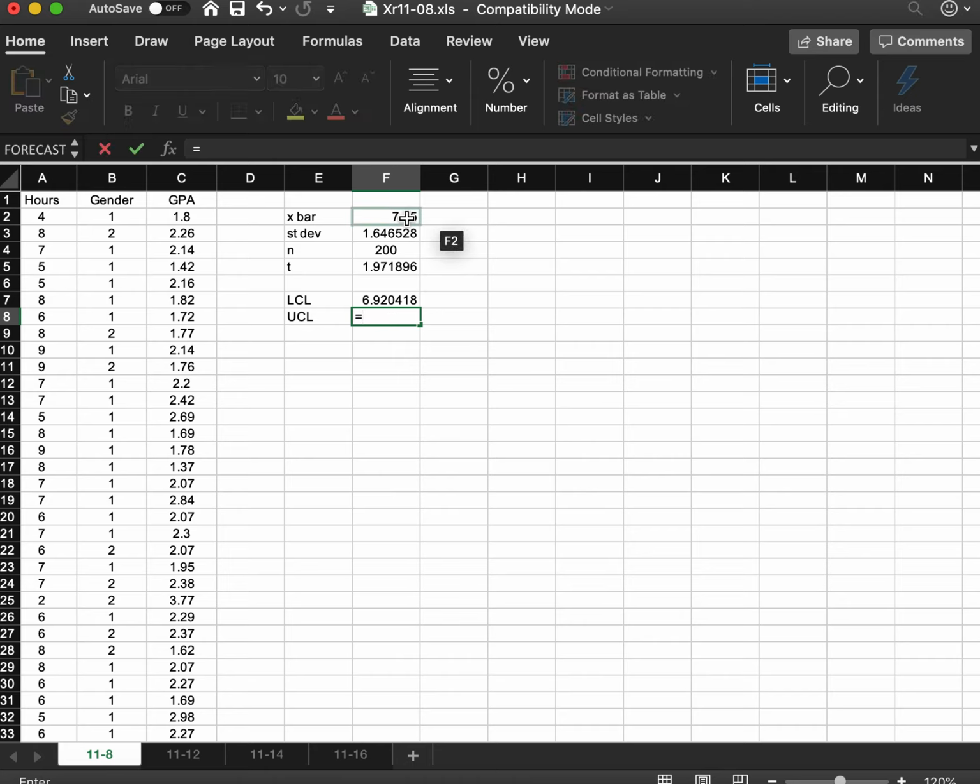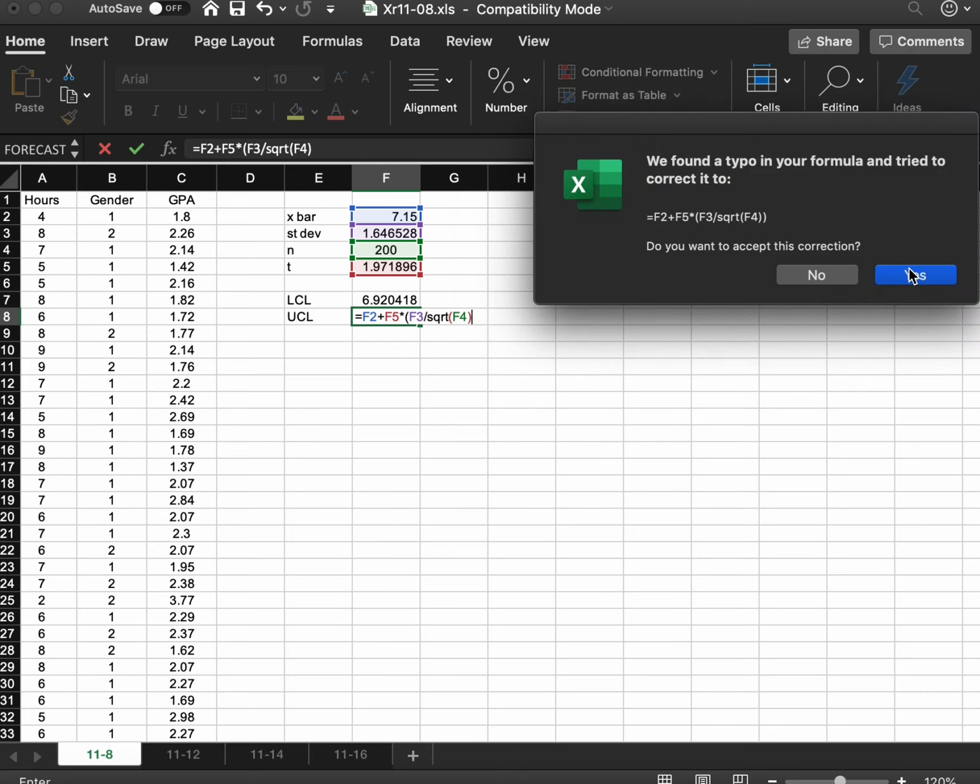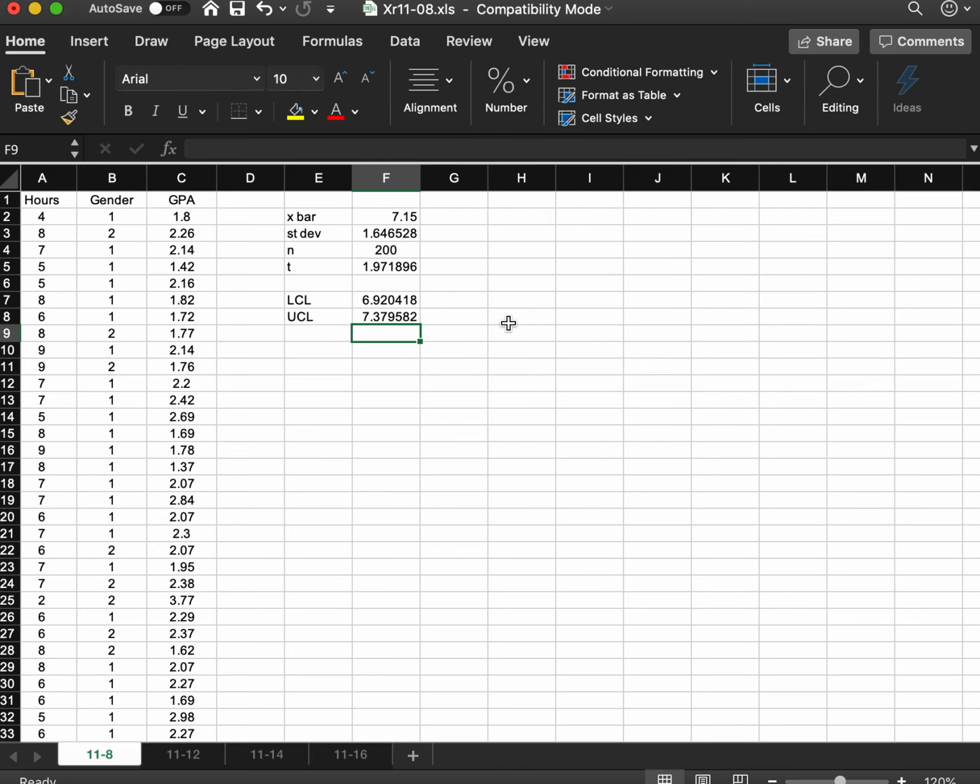Upper bound, same setup, but the only thing different is you add. So it's your X bar plus your critical value multiplied by your standard deviation divided by the square root of your n. So you should get 7.3795, somewhere around there.